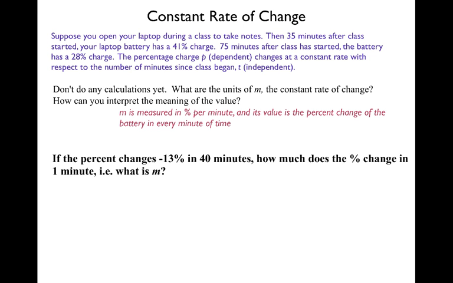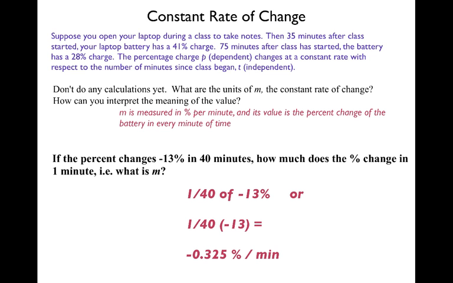So it'd be 1/40th of negative 13%, right? So in 1/40th of 40 minutes, we're going to get 1/40th of negative 13% change. So 1/40th of negative 13 is negative 0.325% per minute.